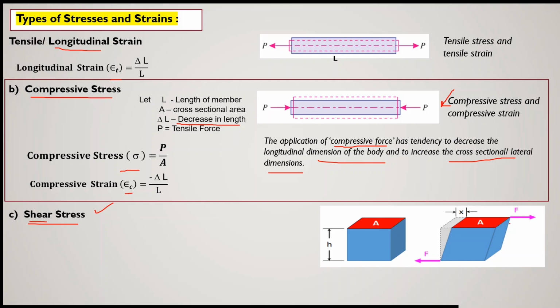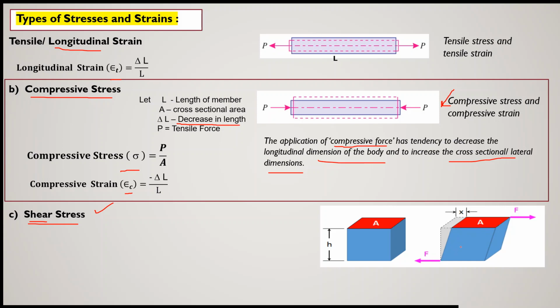Now if you apply a tangential force F on the surface of the body, and suppose the lower face of the body is fixed, then this force will try to distort the shape of the body. Here it was a rectangle, now it is becoming trapezoidal. So the shape of the body is changing. Now you will find the original edge of the body has been shifted by some distance x. That is the deformation of the upper surface.